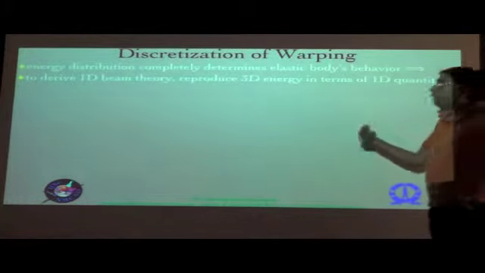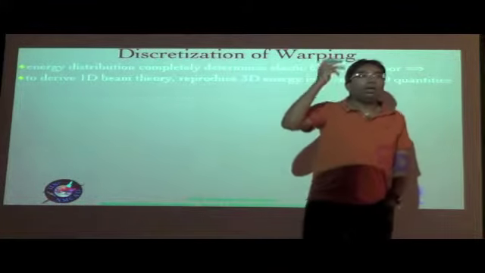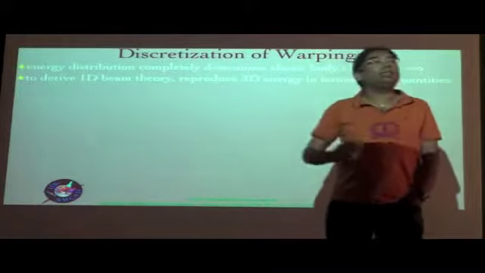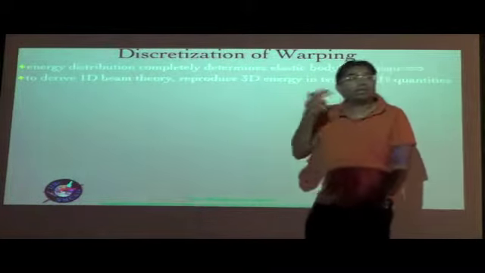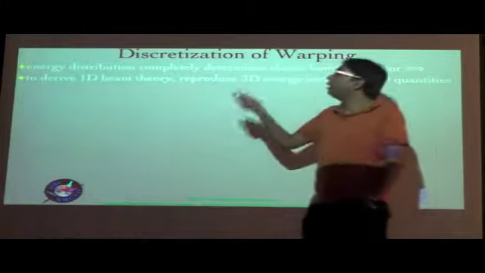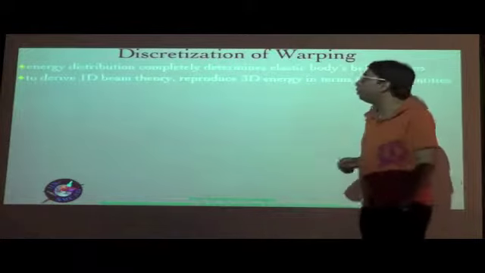And when we're talking about deriving the 1D beam theory here, we are primarily targeting the cross-sectional analysis, which is basically the constitutive law, whereas in the second part of today's lectures, we will deal with the situation where we want to derive the equilibrium equations as well.